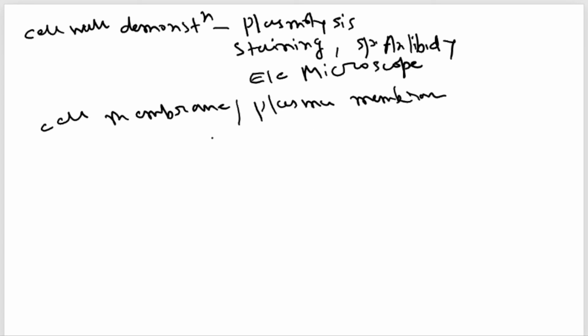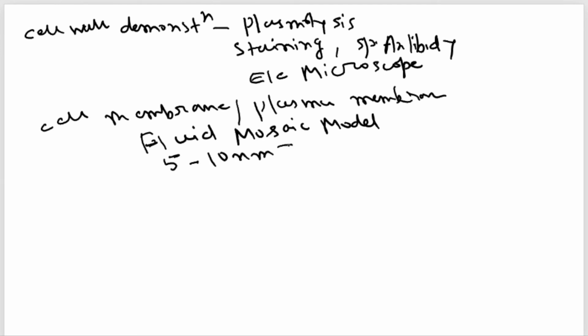For the structure of the cell membrane, we have a very famous model called fluid mosaic model, and it says that this plasma membrane is 5 to 10 nanometer thick. Okay, and consists of the phospholipid bilayer and proteins, and proteins may be integral proteins, peripheral proteins, and there are no sterols, no cholesterols except the mycoplasma.